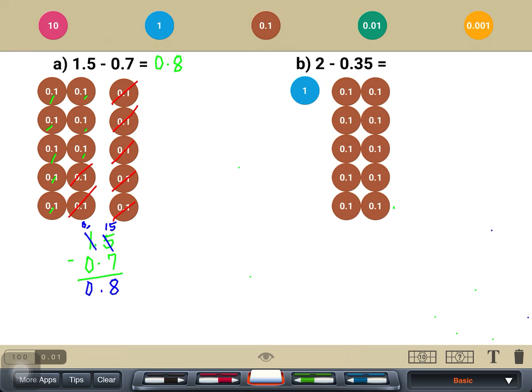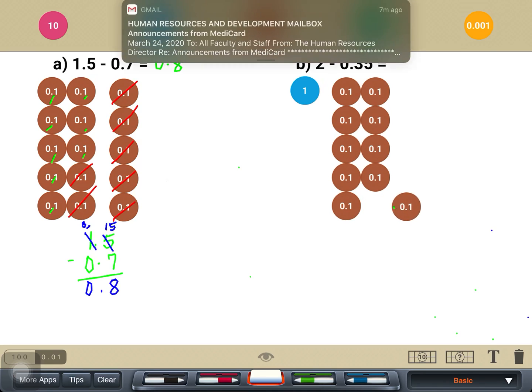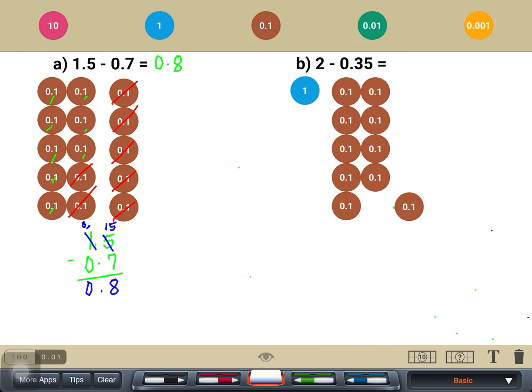So removing the hundredths, I have to make 100. Okay, but how will I make that? If you remember, 1 tenth is actually equal to 10 hundredths.